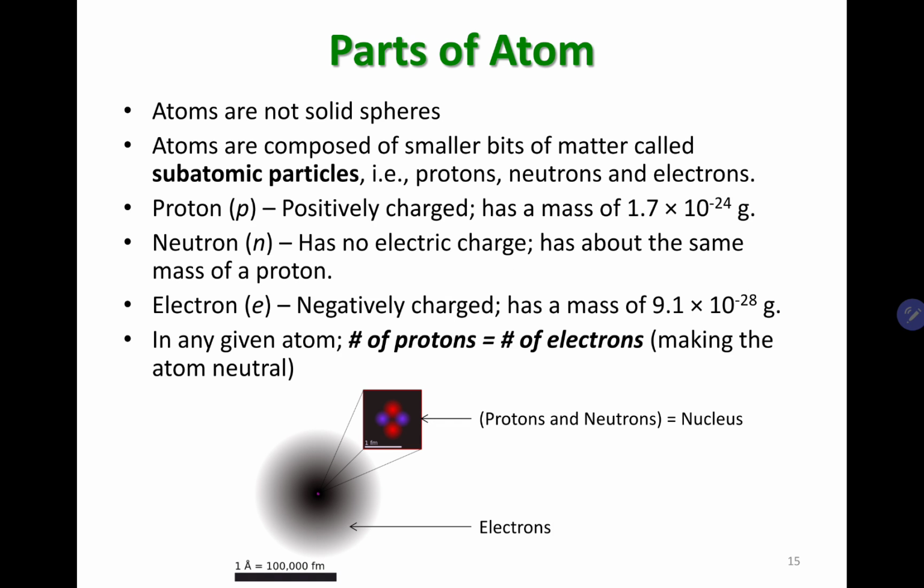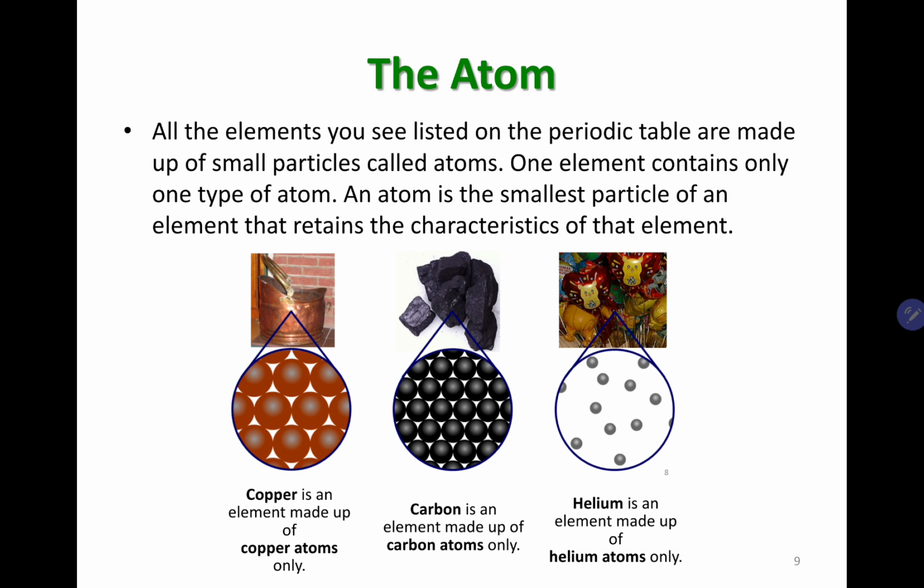All right, so next, what we are going to talk about is the parts of the atom. If you remember a couple of slides ago, atoms were represented by spherical structures, right?